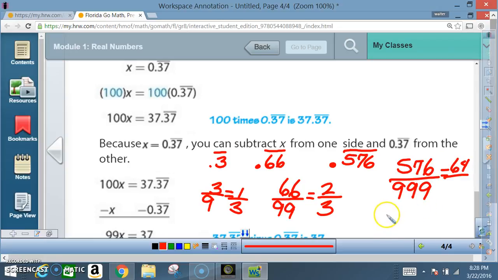And then 999 divided by 9 would give me 111. Now, if I were to divide out 64 divided by 111, I would come out with 0.576 repeating. If I were to divide 2 by 3, I would come out with 0.66 repeating. And if I were to divide 1 by 3, I would come out with 0.3 repeating.